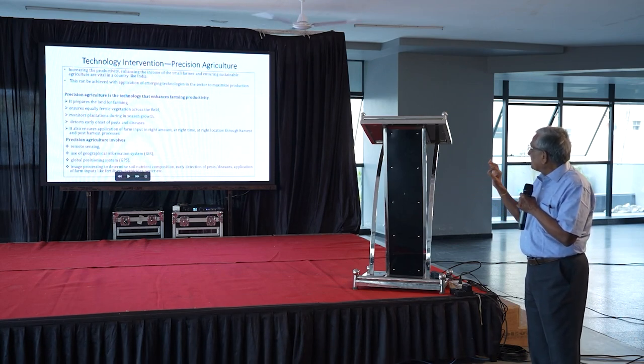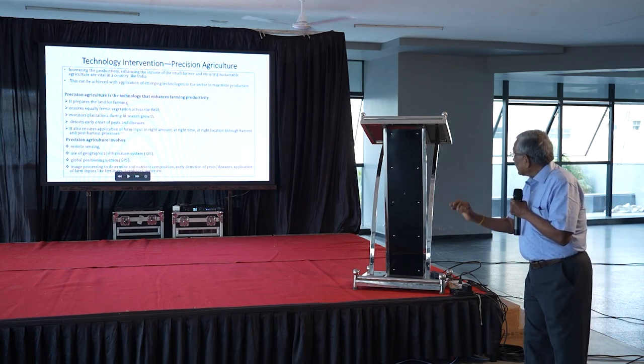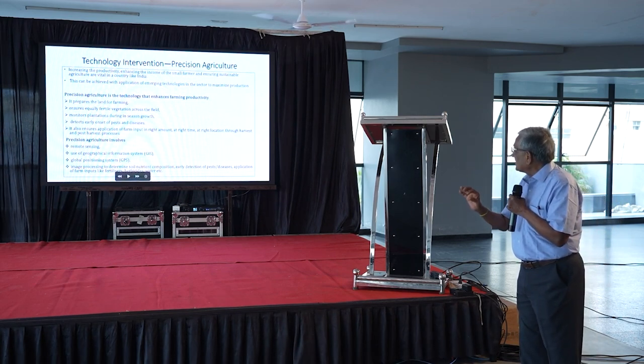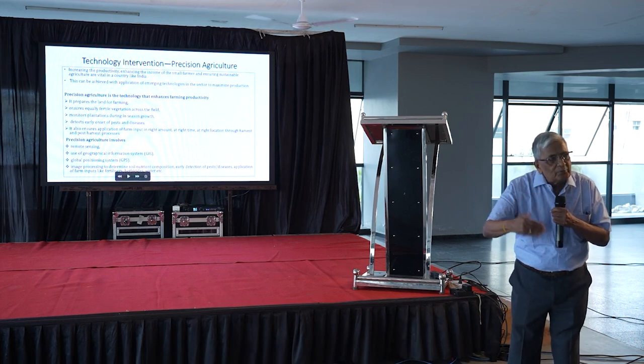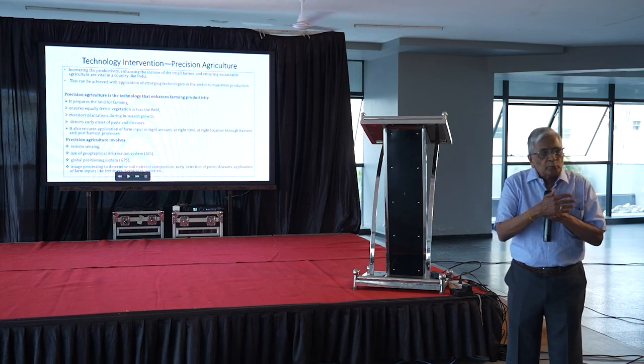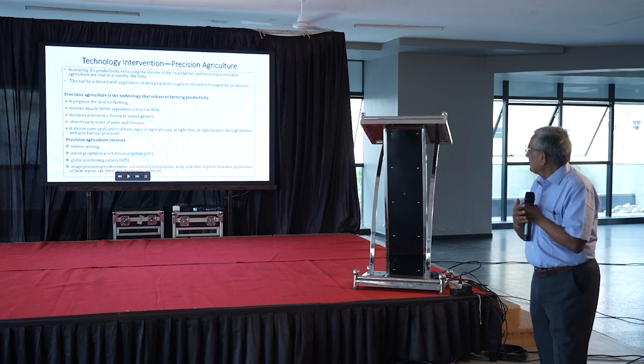It ensures application of farm inputs in the right amount, at the right time, at the right location, through harvest and post-harvest processes. This is where precision agriculture is no longer a luxury. It is a must. We got to have this.